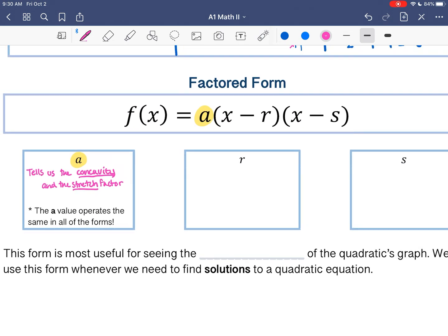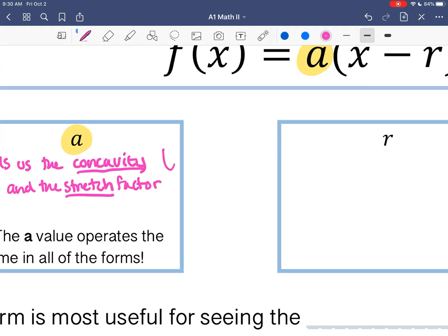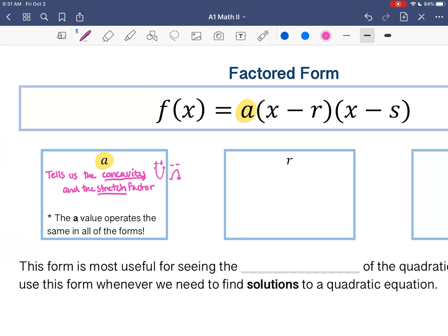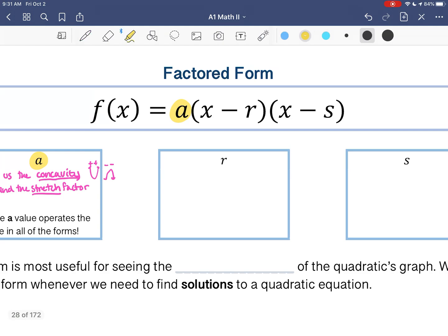So same exact as the a before. Positive a values give you a concave up, negative a values give you a concave down, and then for stretch factors, if they're fractions, they squish the function. If they're whole numbers, then they multiply or stretch it a certain amount.